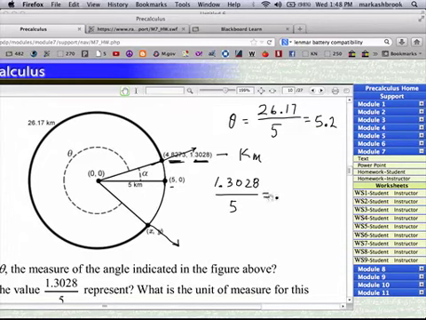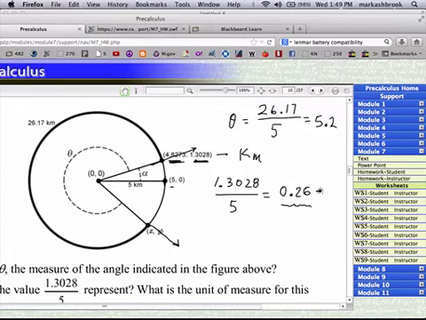So let's get that number. 0.26. So taking that number of kilometers, dividing it by 5, what does that give you? What does 0.26 give you? So this is giving us the fraction this is of a radius length, or the number of radius lengths above the horizontal diameter.